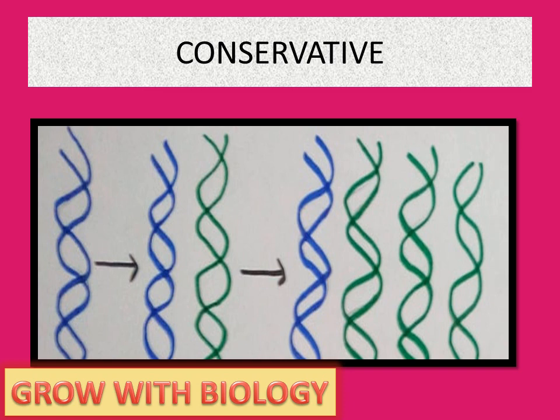First one is conservative. In this diagram, we can find that the first diagram, which is drawn in blue color, represents the parental generation. After replication, one is as it is as that of the parent and one is comparatively new.